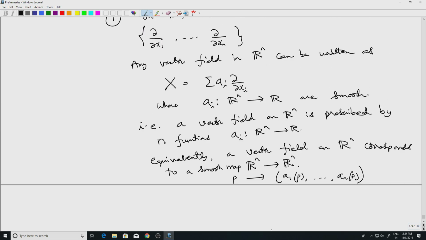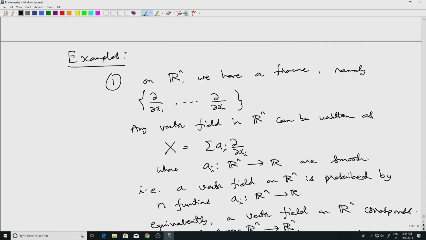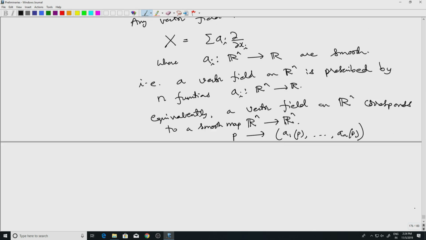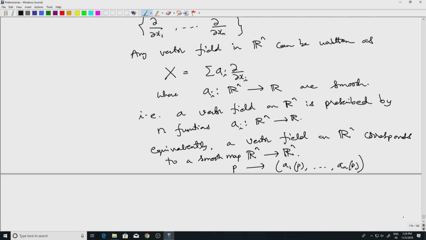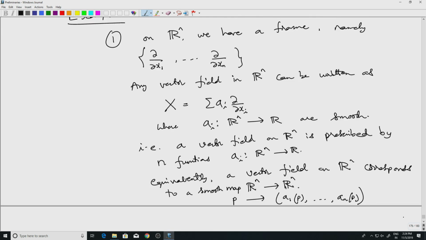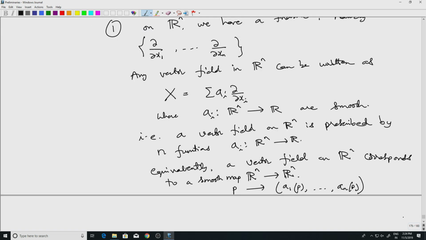Now this way of thinking about a vector field as a map from Rn to Rn is useful when one talks about integral curves, which I will discuss next when we come to ordinary differential equations and integral curves in the context of Rn. Then this viewpoint is helpful.